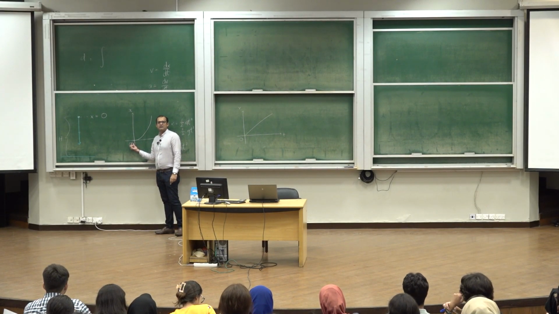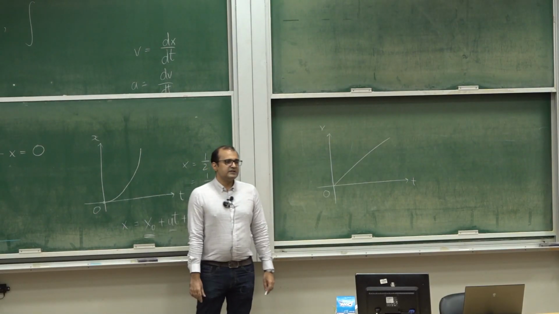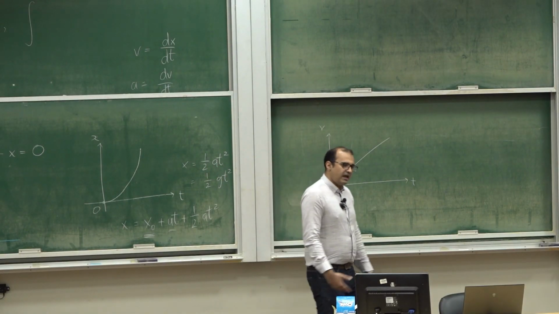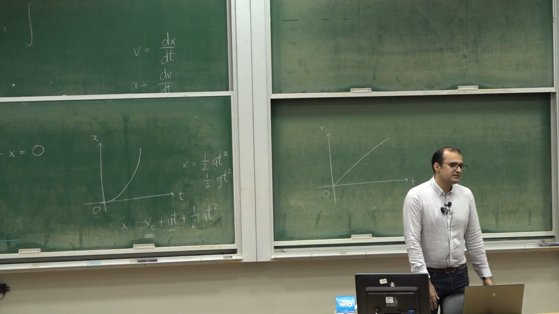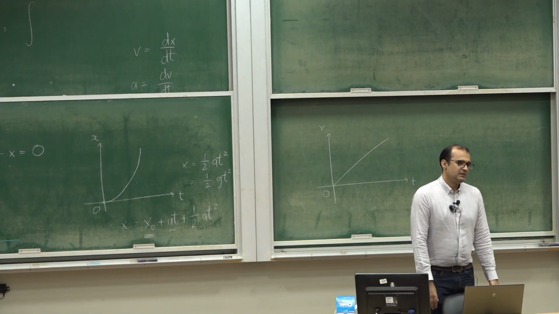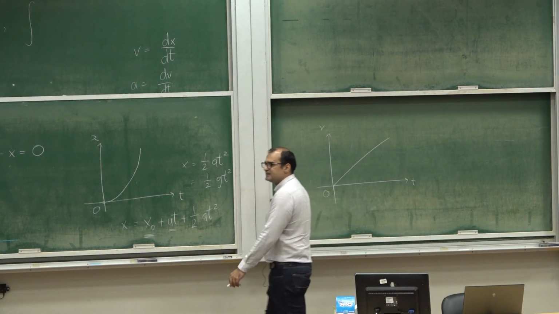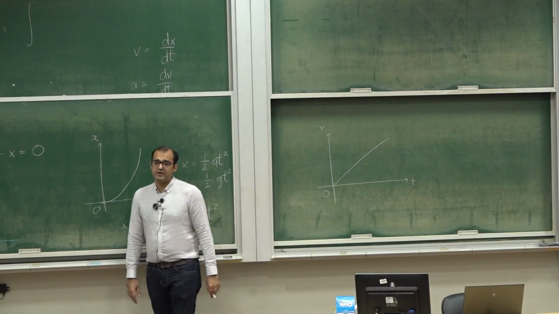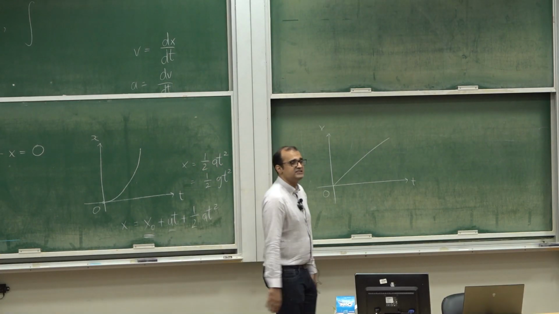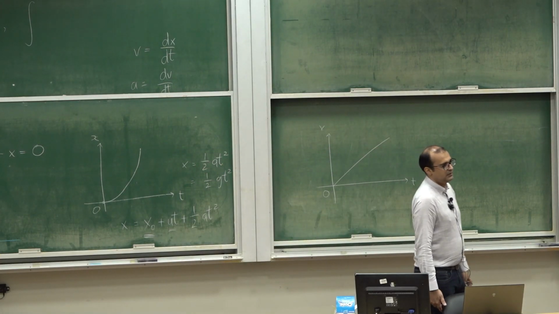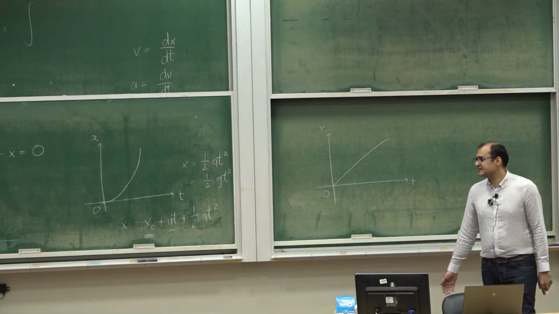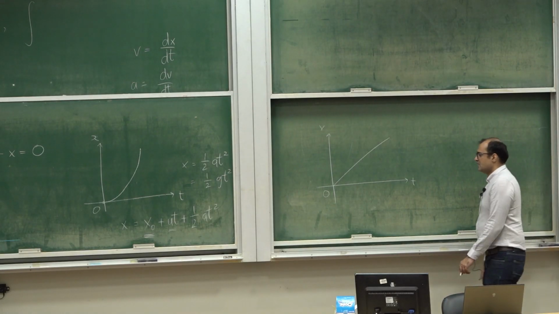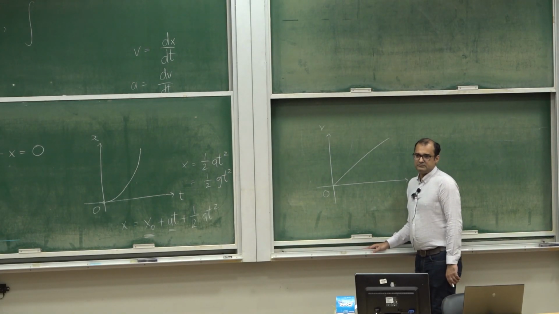Why did I do that? Because I know that the slope of this graph at the instant when I dropped it needs to be 0. The slope of the tangent line at t is equal to 0 needs to be 0, because that slope represents the initial velocity of this falling object. I just release this object so that initial velocity is 0. So that's the graph that you have.